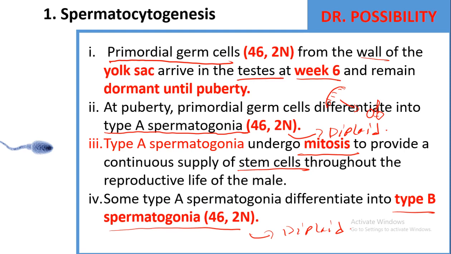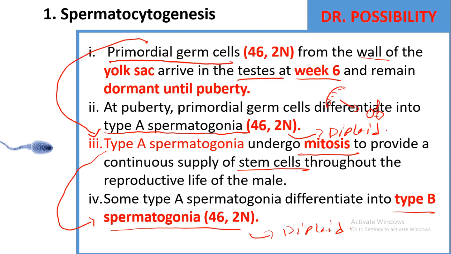What are we saying? The primordial germ cells changed into type A at puberty, and this type A changed into type B spermatogonia, and this happened with the help of mitosis, not meiosis.